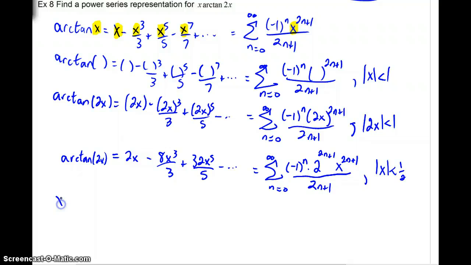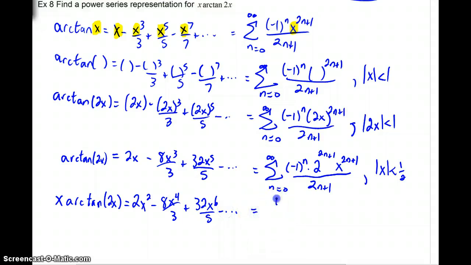What we need to find is x times arctangent of 2x. It looks like on the left side we just multiplied by an x. We're going to multiply every power in this series expansion by x as well. Every power of x increases by 1, including what we see in sigma.